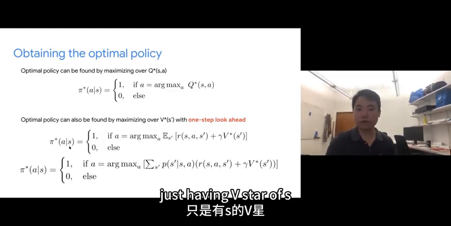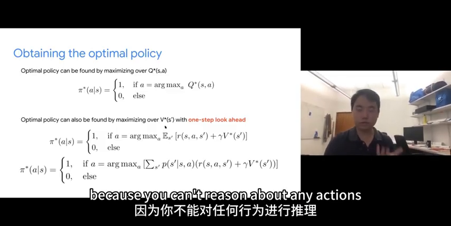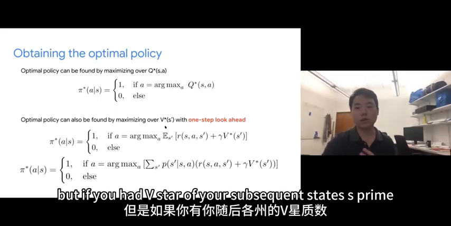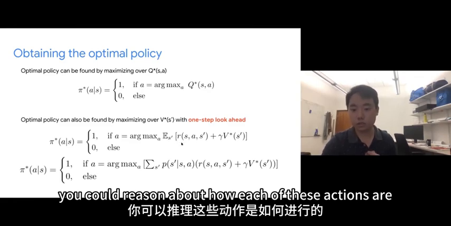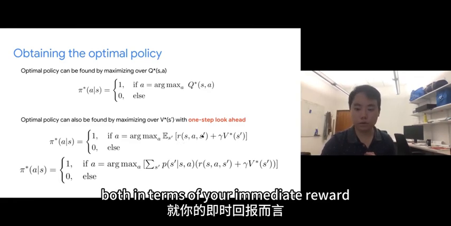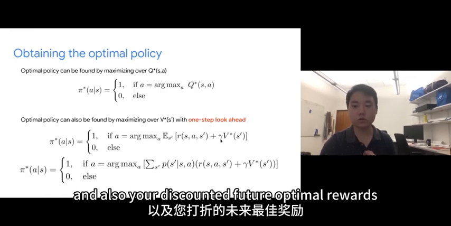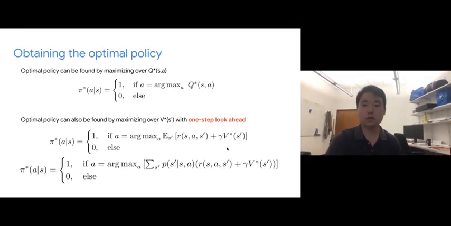If you're in state S, just having V star of S isn't really useful because you can't reason about any actions. But if you add V star of your subsequent states S prime, then you can reason about how good each of these actions is, both in terms of your immediate reward and your discounted future optimal rewards given by V star of S prime.